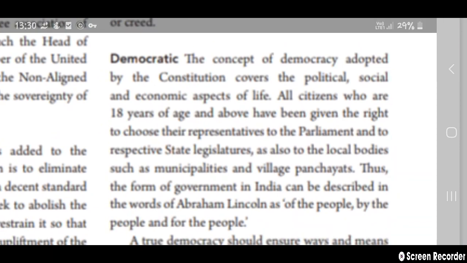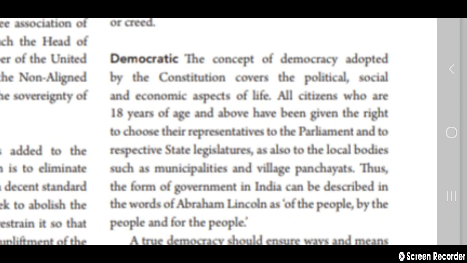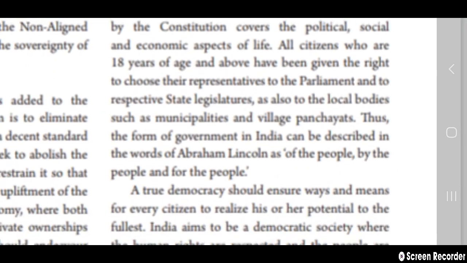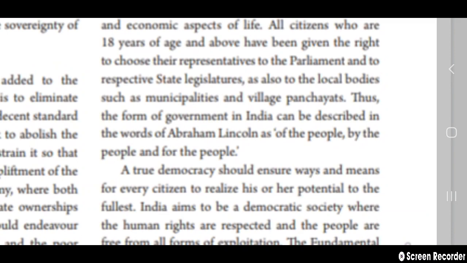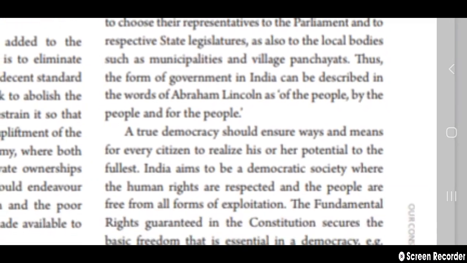Thus the form of government in India can be described in the words of Abraham Lincoln: of the people, by the people, and for the people.